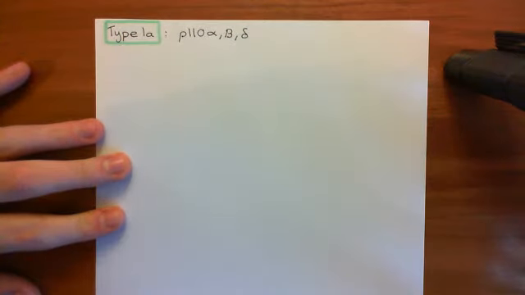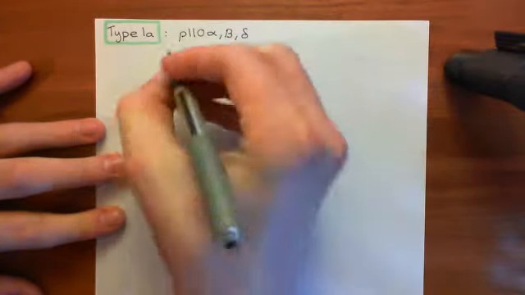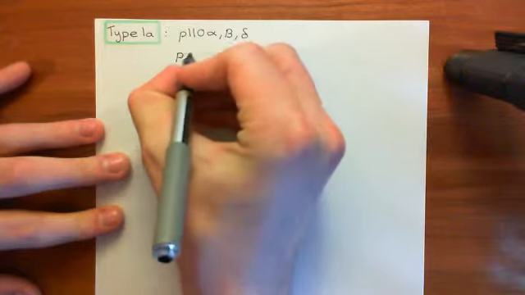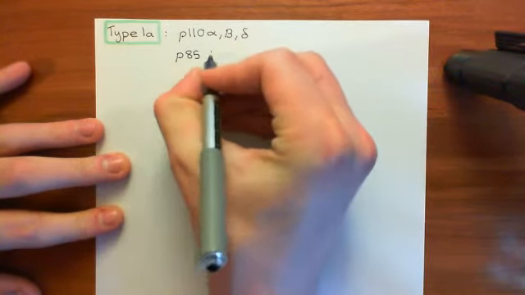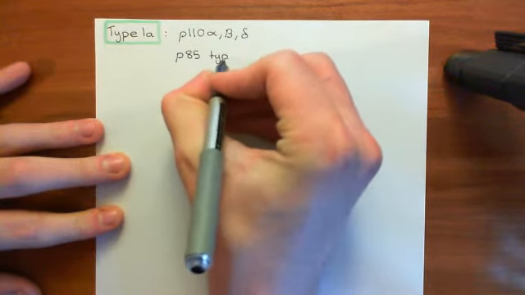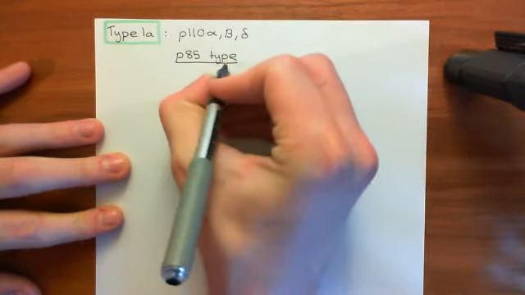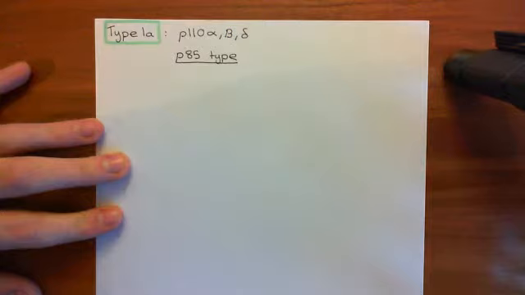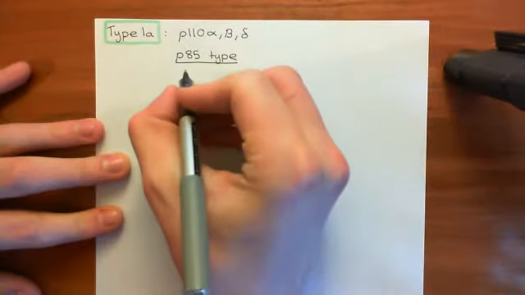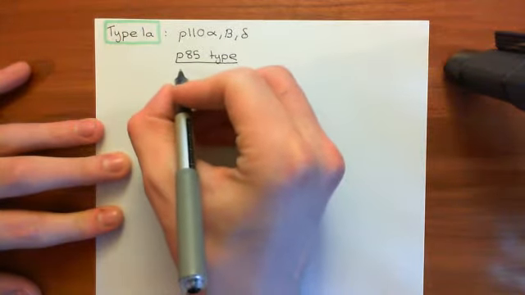Okay, the regulatory subunit that you are going to bind to is what's known as a P85 type regulatory subunit. Okay, now there are actually 5 different P85 type regulatory subunits, okay, and these are produced from 3 different genes.